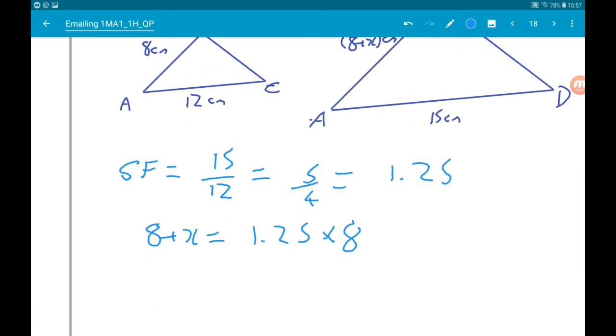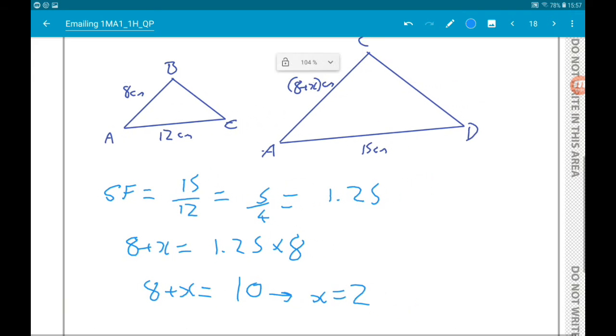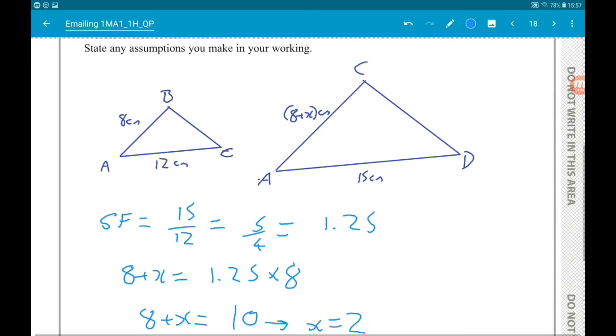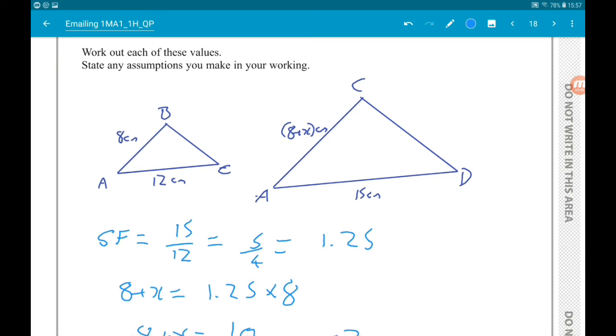So 8 add x is 10, which means then that x is 2. So that's case 1. In terms of writing down assumptions, really we've just assumed here which side corresponds to which side. So you would probably want to include saying something like that.